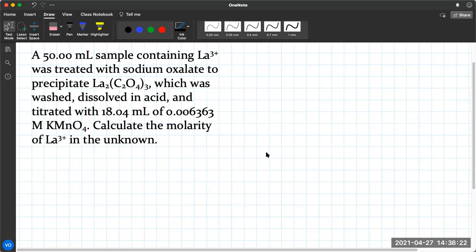Calculate the molarity of lanthanum in the unknown solution.